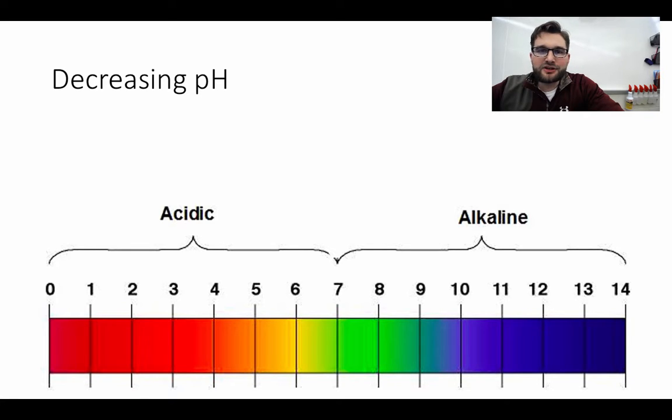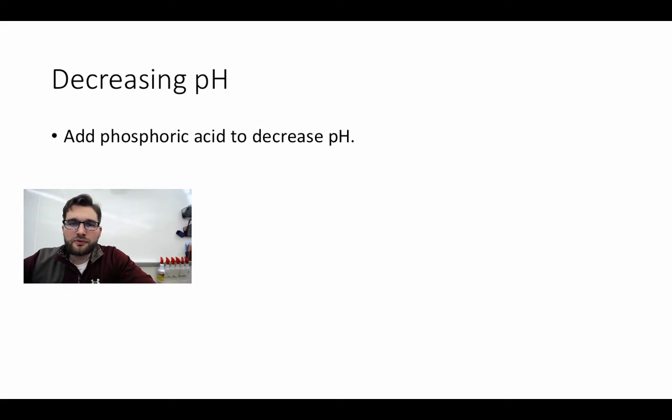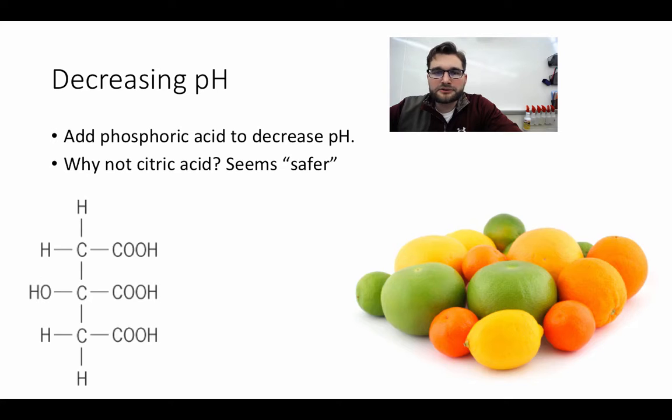In order to decrease the pH, if we need to do that in the future, we're going to add phosphoric acid, and that'll decrease the overall pH in our system. Phosphoric acid is the same stuff that you would find inside of many colas. So why wouldn't we use citric acid? You would think that citric acid would be quite a bit safer for a system like this.